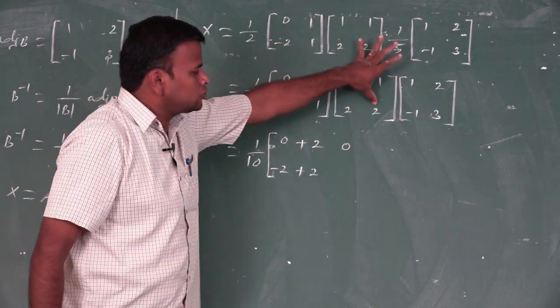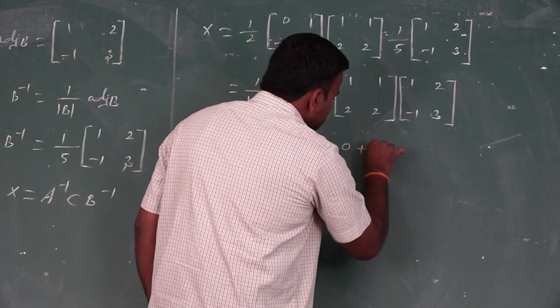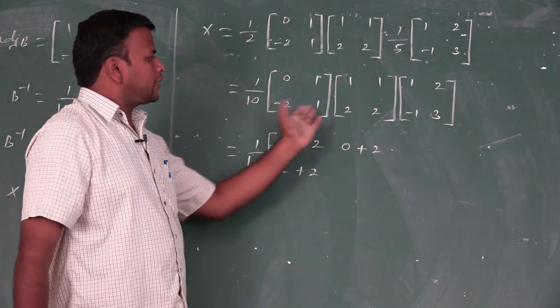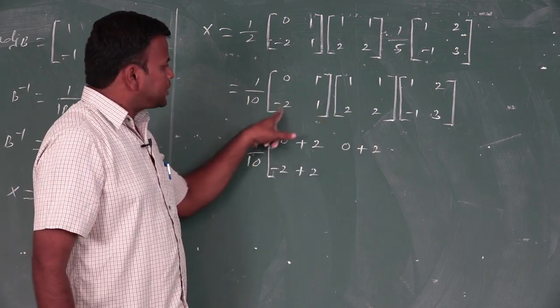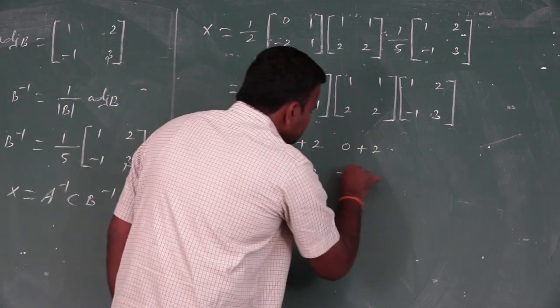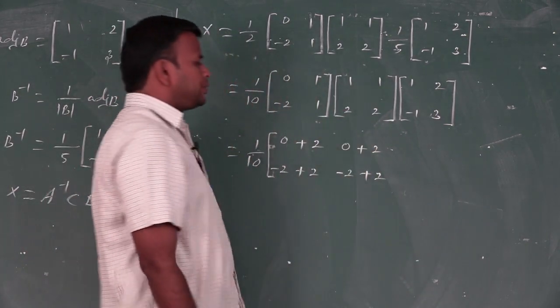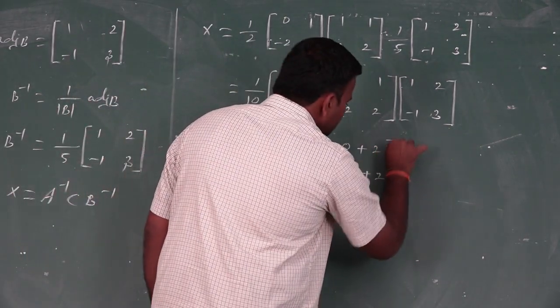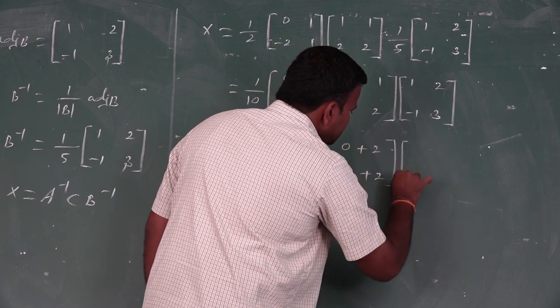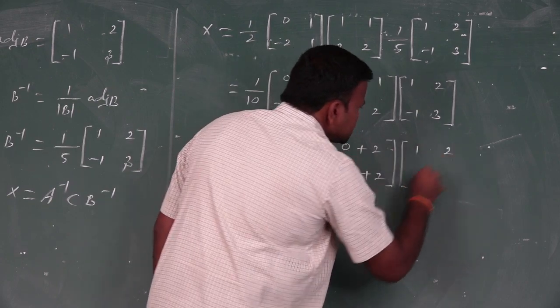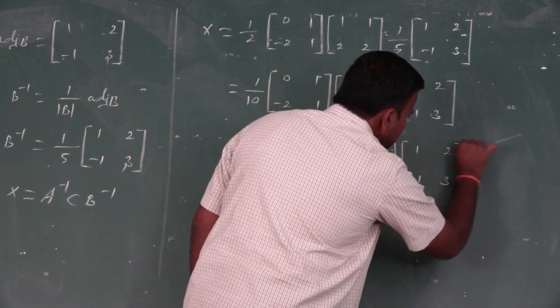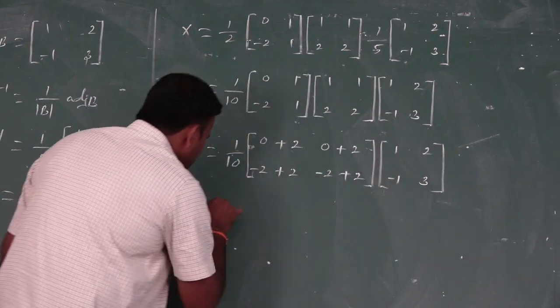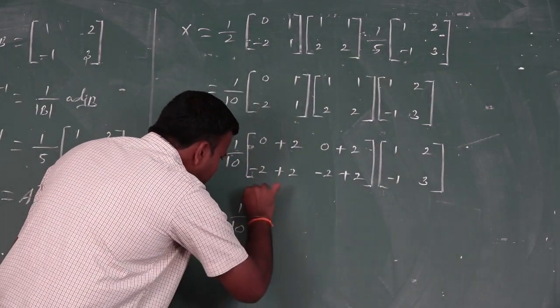Next, 1 twos are 2, plus 2. Next, second row, second column. Minus 2 into 1 is minus 2. Again I put plus 2 because 1 twos are 2. And the third matrix is no change. We write as it is, 1, 2, minus 1, 3. So outside is 1 by 10.